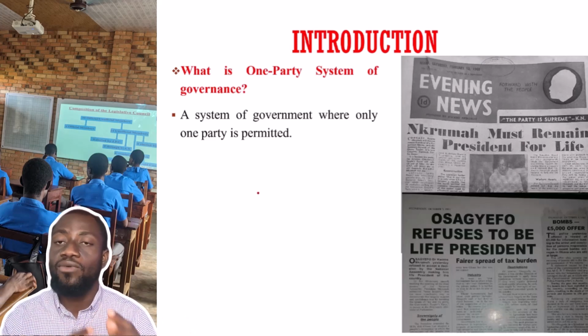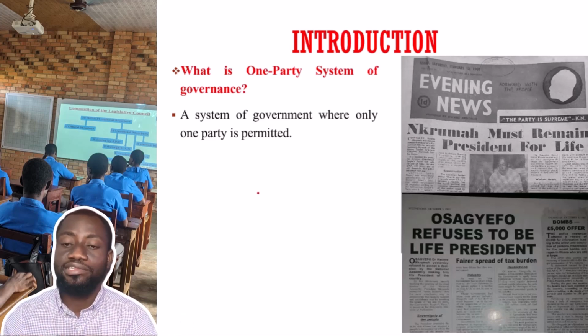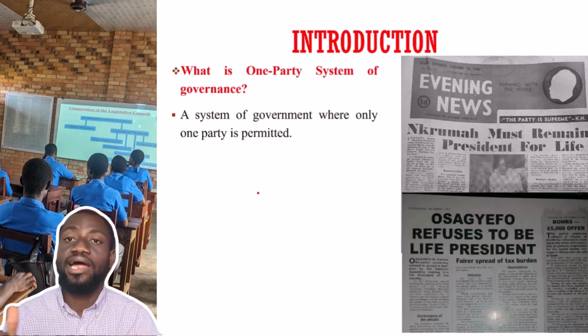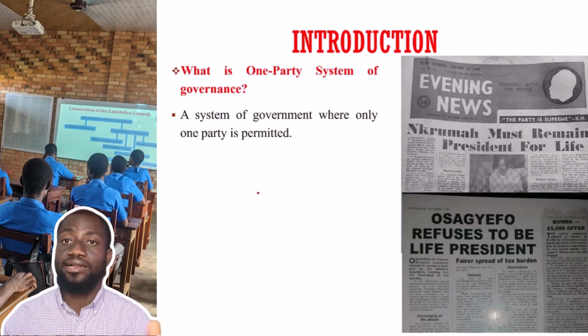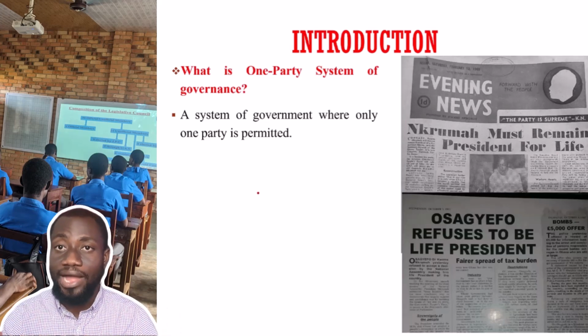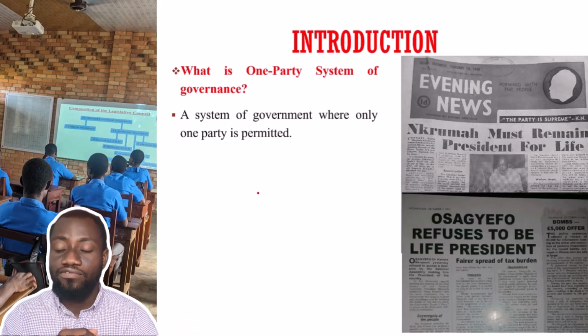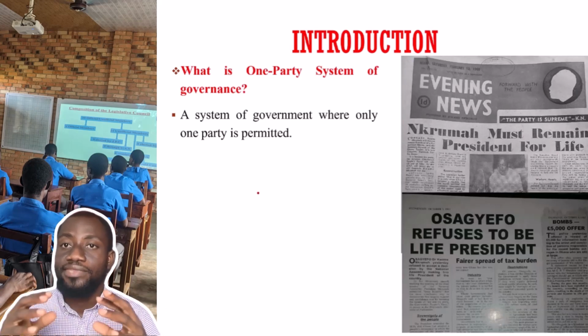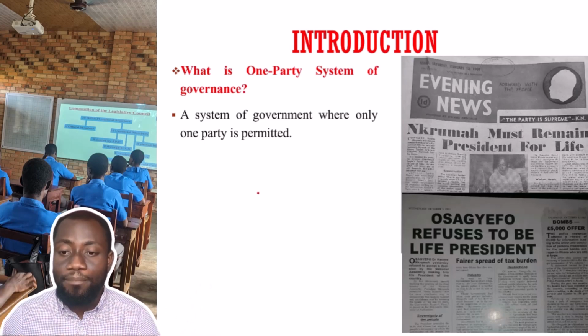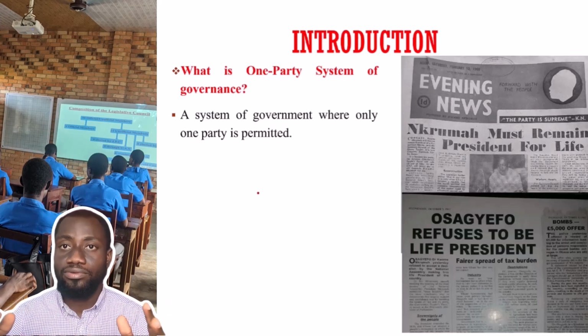However, in a one-party system, only one party is allowed or is even legal. So if you form any other political party outside the recognized political party, you could be jailed for that matter. And so that is what the one-party system is about.